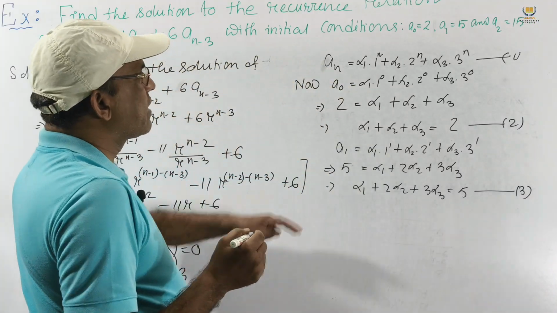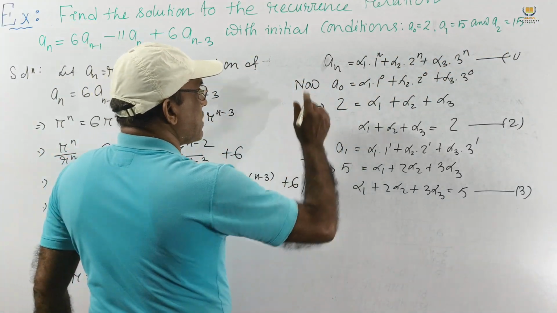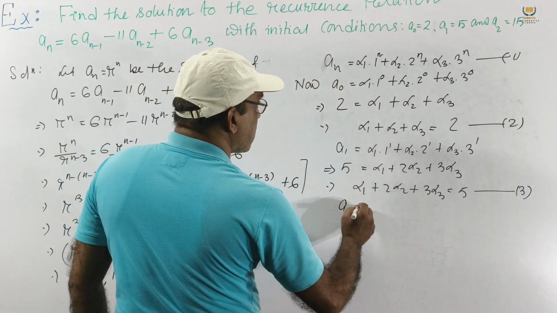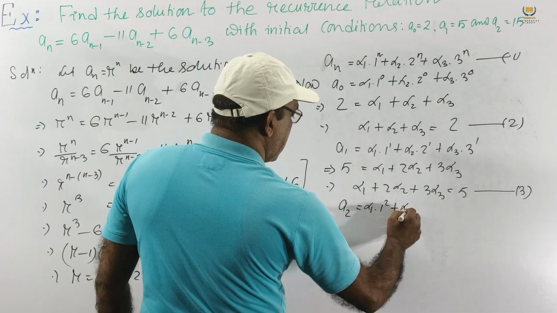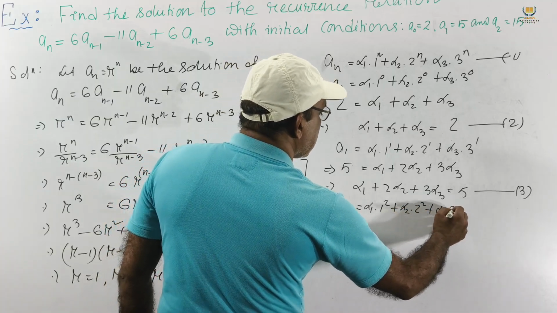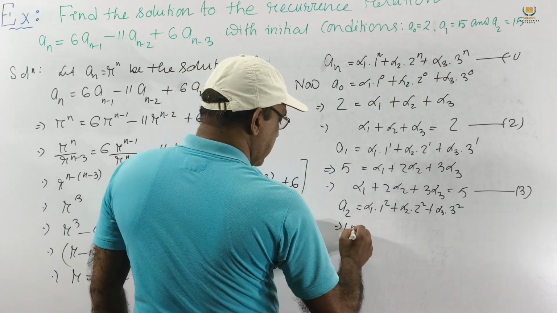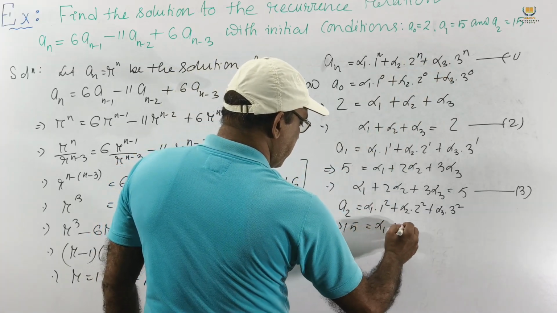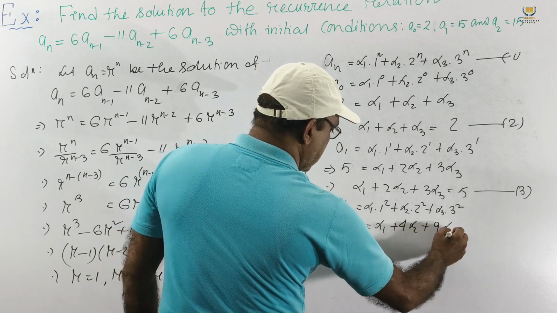Next we put n equal to 2. This is a2 equal to alpha 1 into 1 to the power 2, alpha 2 into 2 to the power 2, alpha 3 into 3 to the power 2. And the value of a2 is 15, so alpha 1, 4 alpha 2, 9 alpha 3.